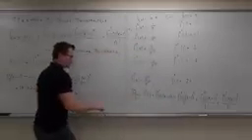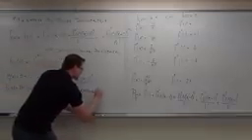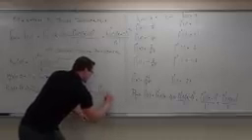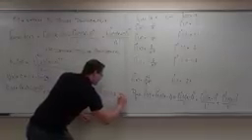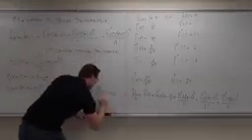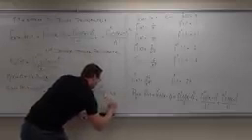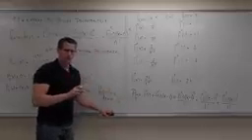This degree 4 Taylor polynomial approximates f of x equals ln x around the number 1, because it was centered at 1. Does that make sense to you?